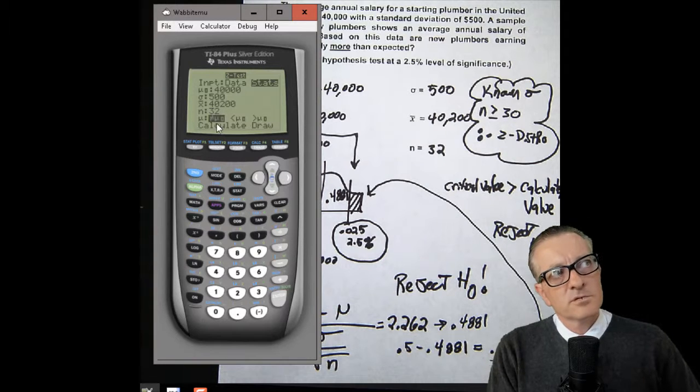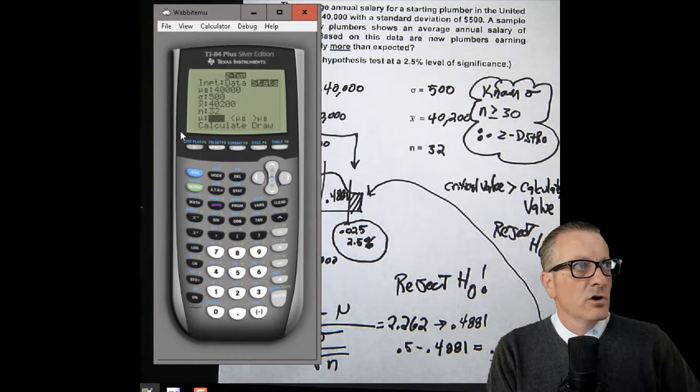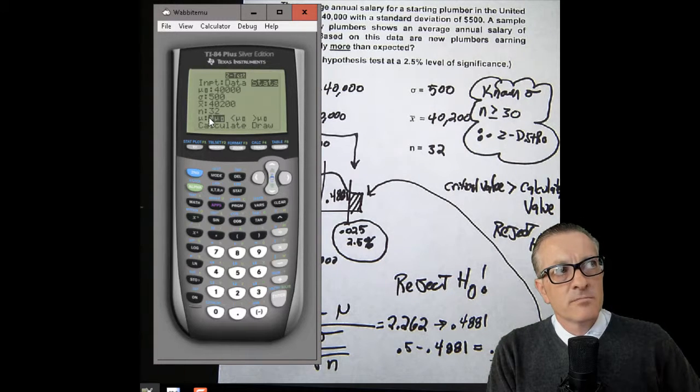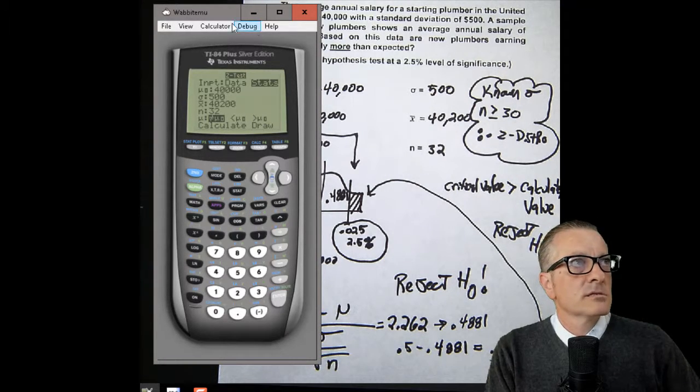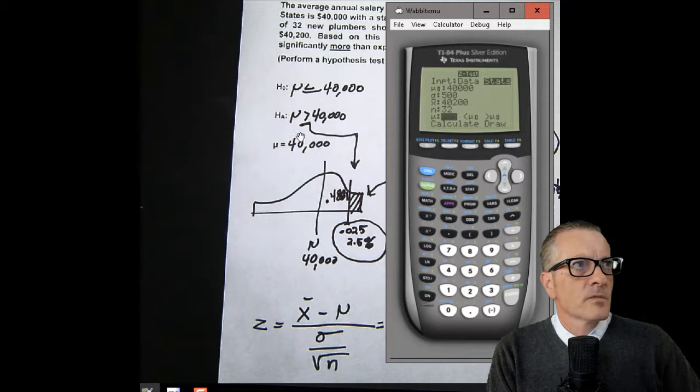Okay, and then with this one, what we have to do is select the direction of our inequality. And you know that because this right here that's flashing, this not equal, is a range of choices for your alternative hypothesis, because your null hypothesis cannot have the not equal in it. So what we're going to do is pick the right one, and in this case the right one is this right here.